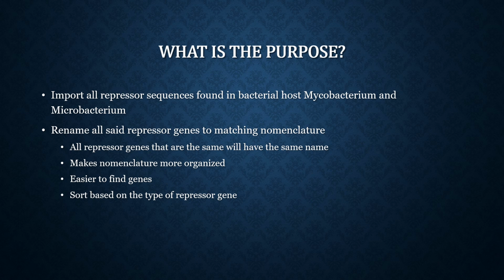When I was looking at the repressor genes, I had like 7 or 8 different names for the same repressor gene in different phages. One would be repressor, one would be repressor protein, one would be immunity repressor protein, and so on. So the same genes have different names, and we're looking at renaming these genes so they're easier to find all around.